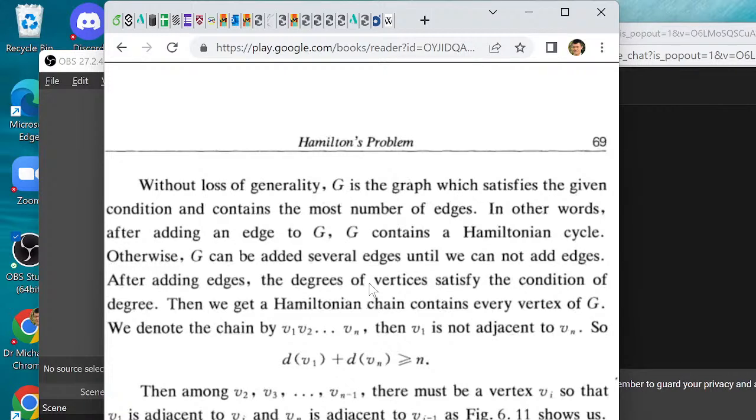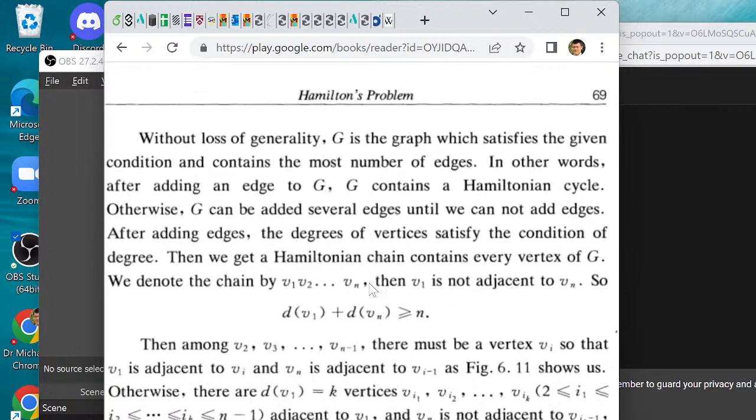Okay, and then you have a way to make a cycle out of the chain using the degree condition. So it could already be a cycle, which is nice. Okay, so here this doesn't say it's connected.